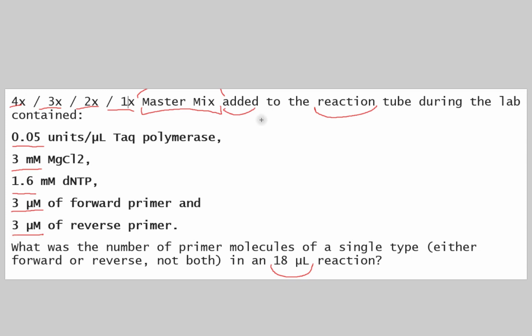primers. So we need to find the number of primer molecules of a single type, either forward or reverse. We take forward; we don't need reverse, dNTPs, salt, or Taq polymerase, so 3 micromolar concentration.